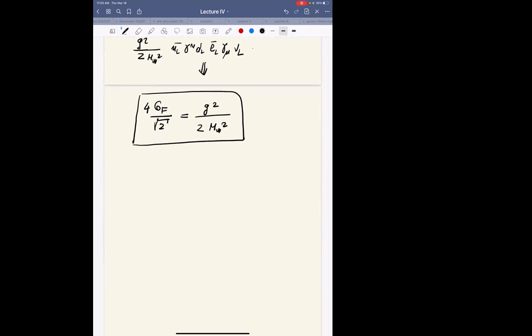But you see here, there is a difference in the standard model. Remember, g is e over sine theta W. So I can write that G Fermi over square root of 2, the famous weak interaction, is equal to e square over 8 MW sine theta W square.